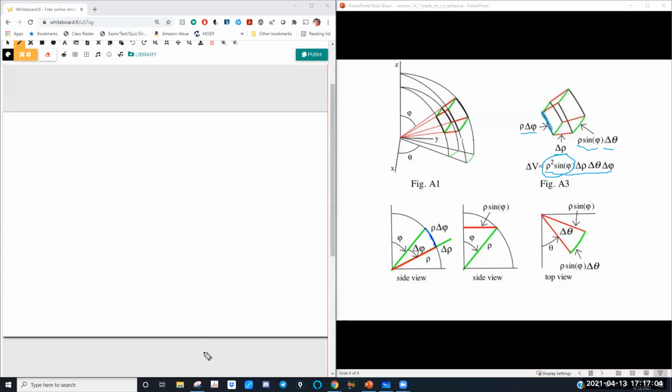All right. For right now, for our purposes today, we're just going to realize, hey, we need to have that rho squared sine phi if we convert. And like I said, we're going to do a couple different examples to get a little bit of practice, and we're going to do them in multiple coordinate systems.